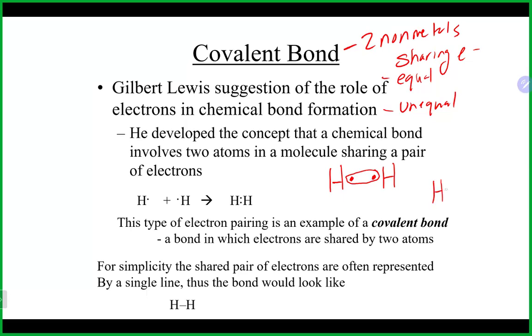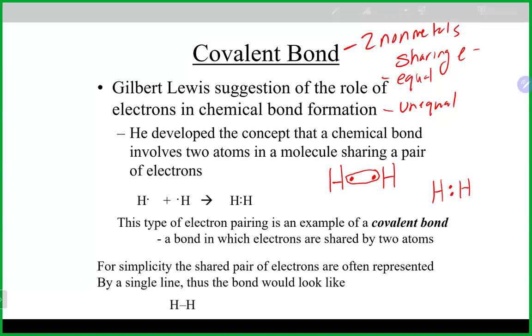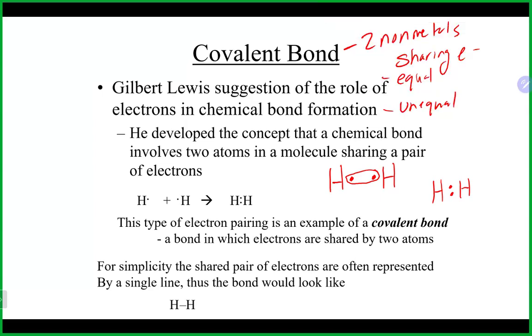What we end up getting is two electrons being shared between them. When we count electrons, those two electrons in the middle count for the hydrogen on the left, and the two electrons in the middle count for the hydrogen on the right.